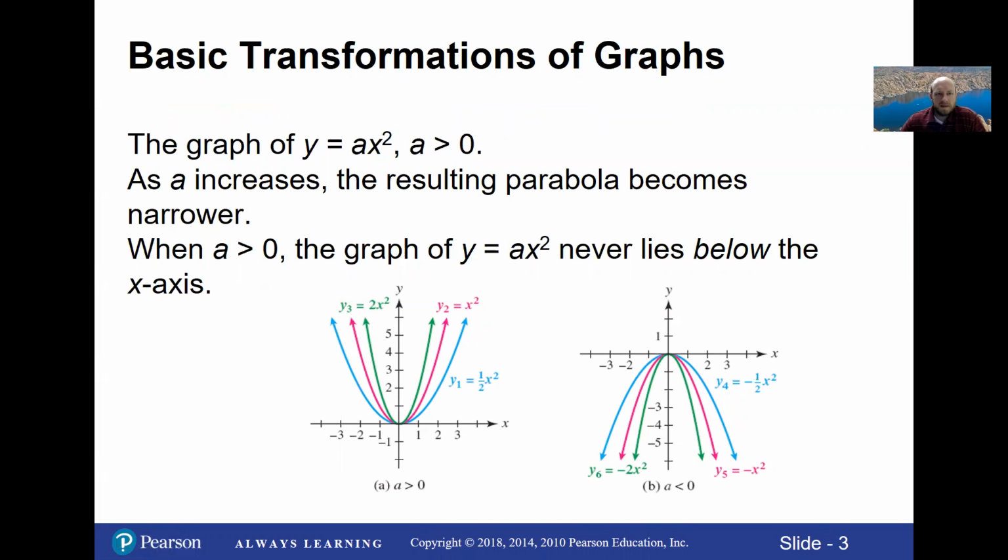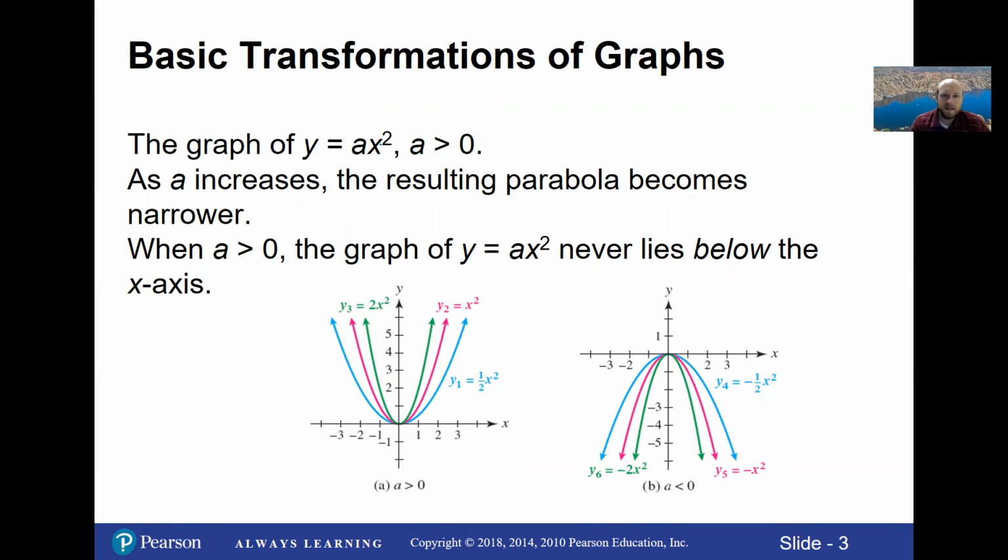So what is a transformation? What we're doing in this section is taking the graph of y equals ax squared, where a could be greater than 0 or less than 0.